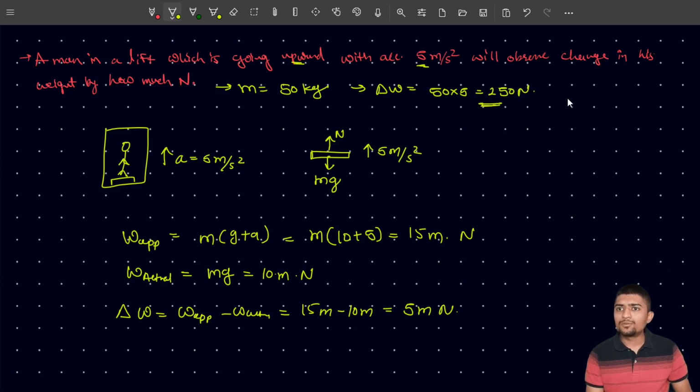Okay, so 250 Newton of extra weight will be on his foot or on his legs. So this much amount of extra weight on his legs because of the upward accelerated motion of the lift.